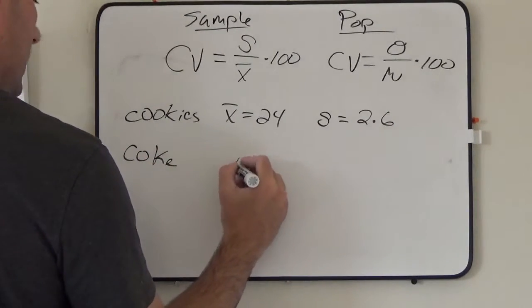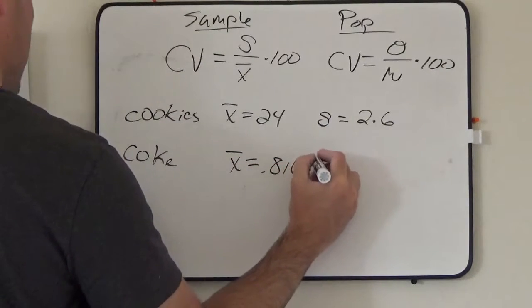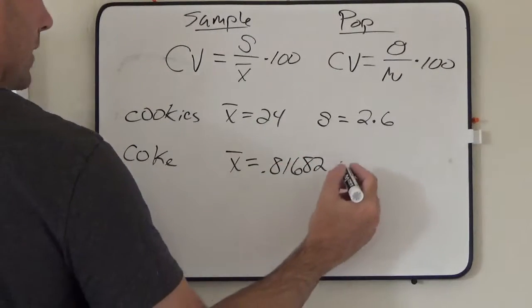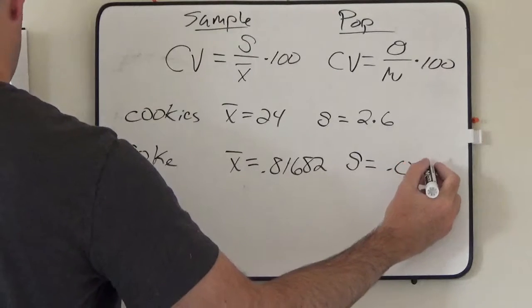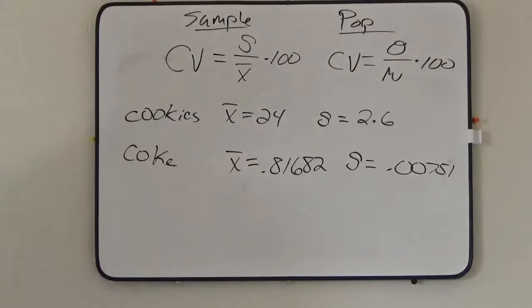Coke has a mean of 0.81682 pounds and a standard deviation of 0.00751 pounds. Meaning when they fill the Coke product, that's how much deviation there is from the mean. Very little deviation. What the machine normally fills up a bottle is very close every time.